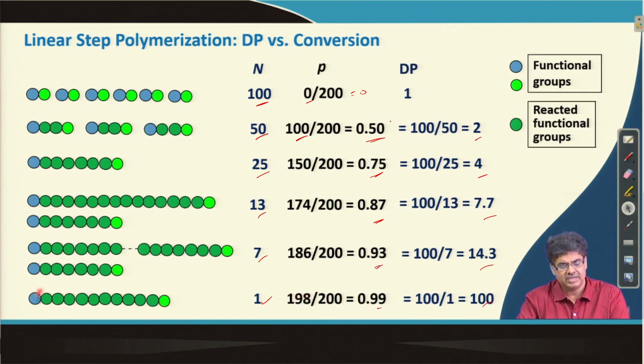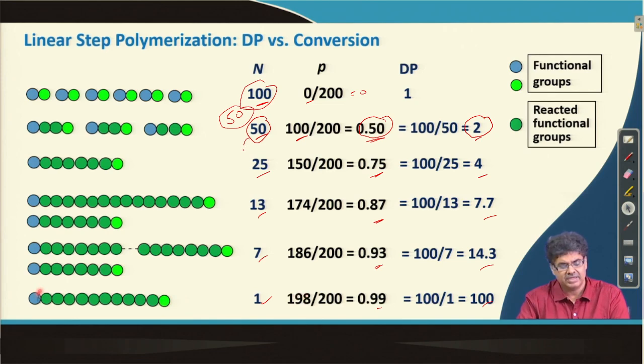Here, from 100 to 50, how many molecules are reacted? 50. So half the molecules are reacted here, and conversion is also 0.5, but degree of polymerization is only 2. Half the molecules are reacted, but degree of polymerization is just double, 2.